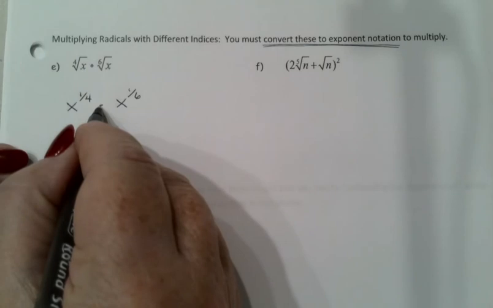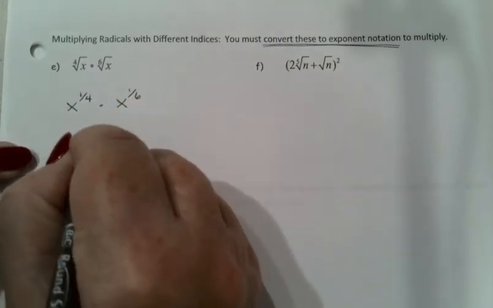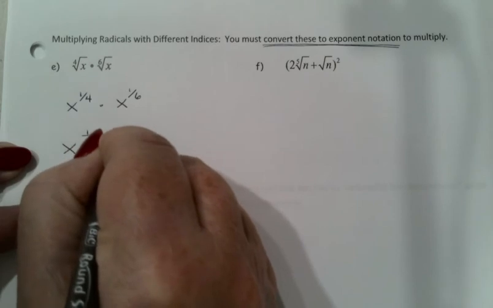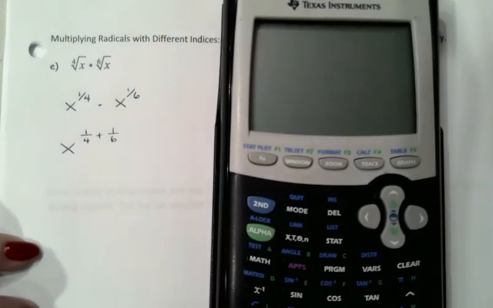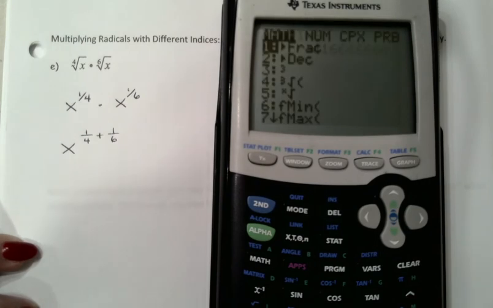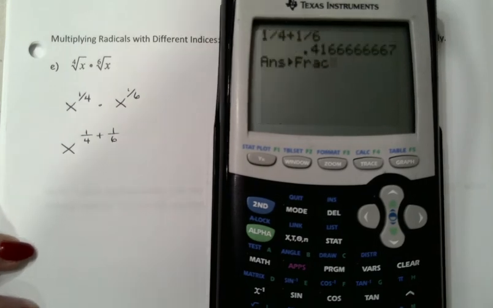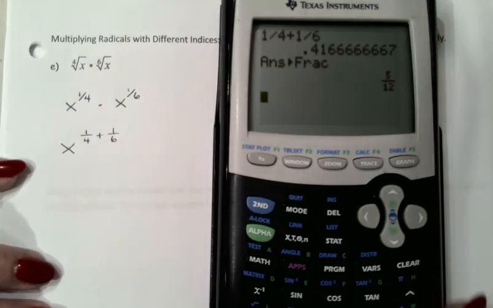And now to multiply, I know that I have to add exponents. If you don't want to do that by hand, you certainly can add them on Desmos or on your calculator. 1/4 plus 1/6, and then just use my math menu to change that to a fraction, is 5/12.